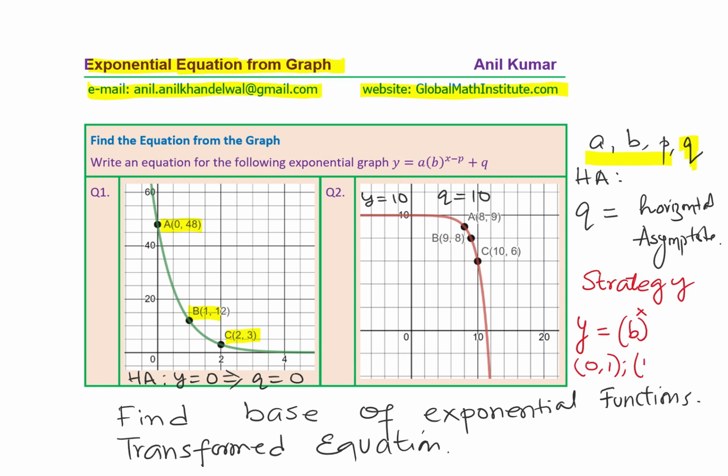And then at 1, the value will be what? b to the power of 1 is b. And at 2, the point will be b squared. So these are the points which we are always looking for. Correct? Now these 3 points will give us three equations, and from these equations we can always find the parameters a, b, and p.